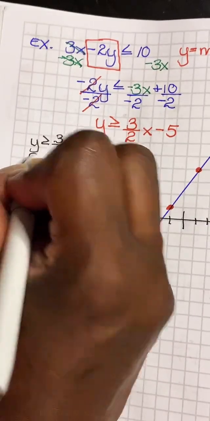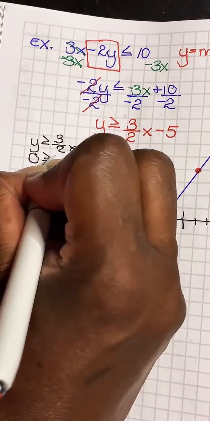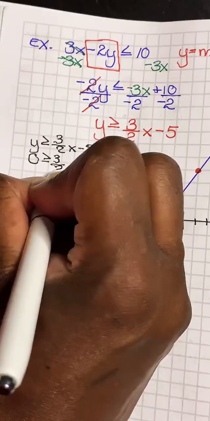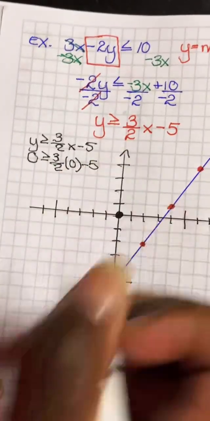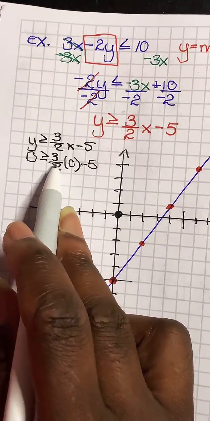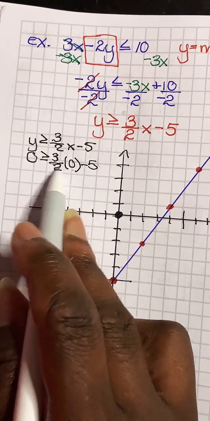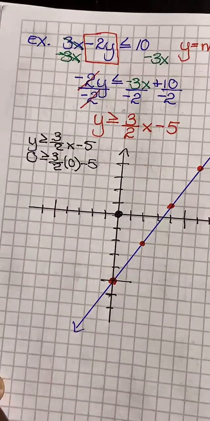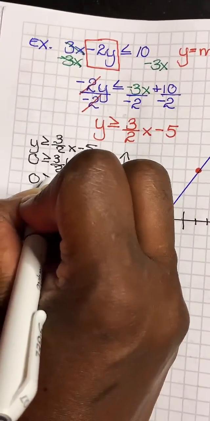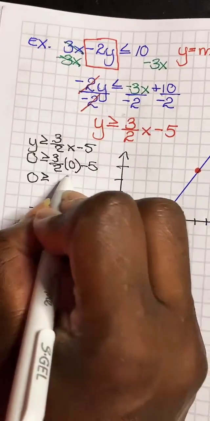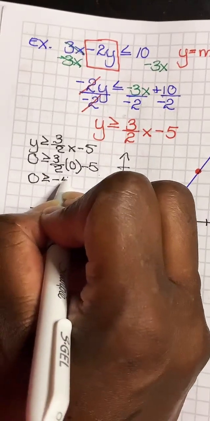If we substitute 0 in for the x and the y, we'll be able to see that 3/2 times 0, anything times 0, is going to be 0. So we have 0 is greater than or equal to 0 minus 5, which gives me a -5.